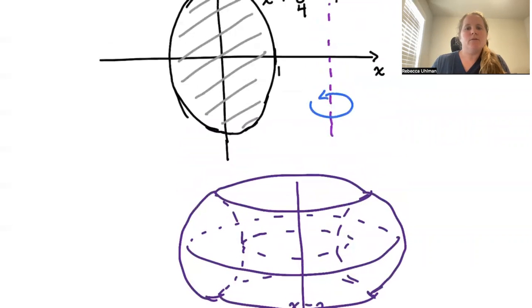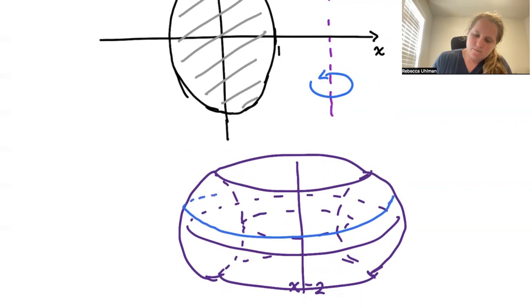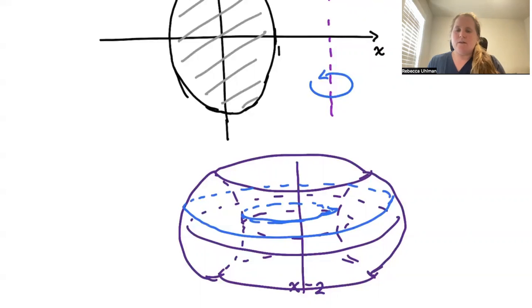Our cross sections here, we were doing rotation about the vertical line. So we are going to have horizontal cross sections, which will be washers. And our radii go from the line x equals 2 out to our graphs.